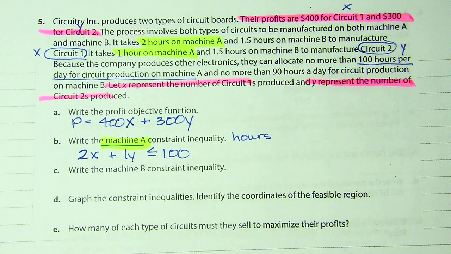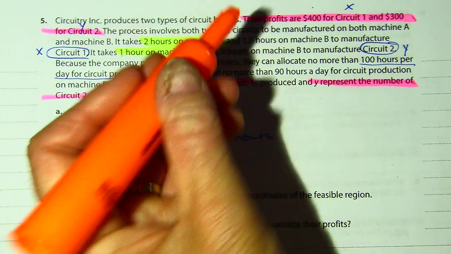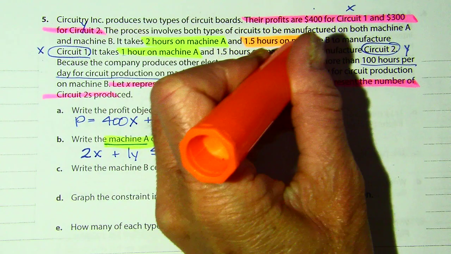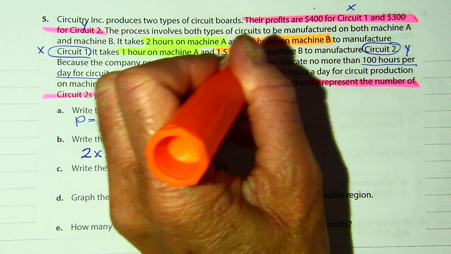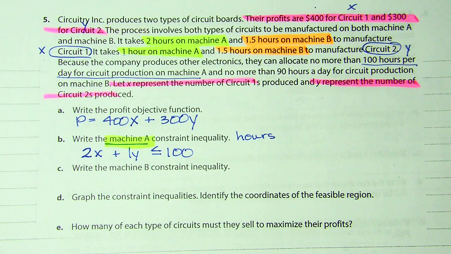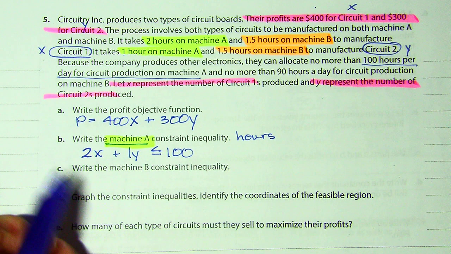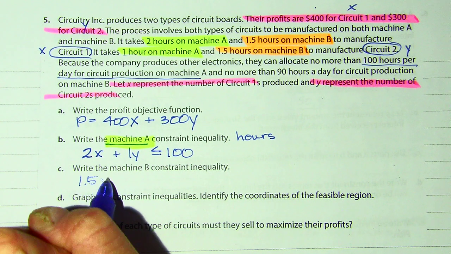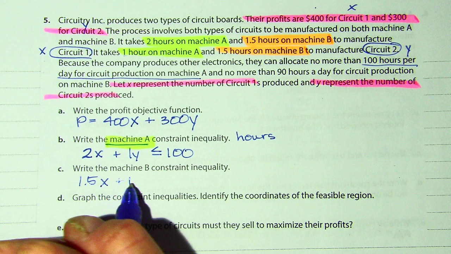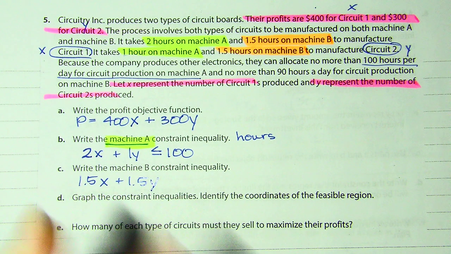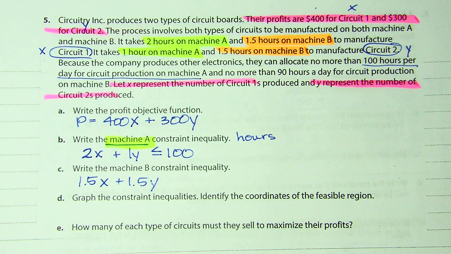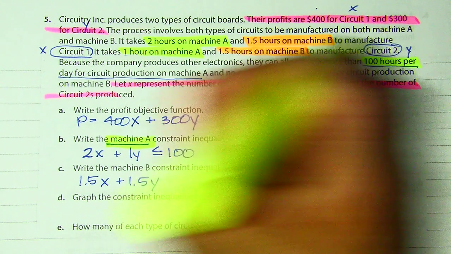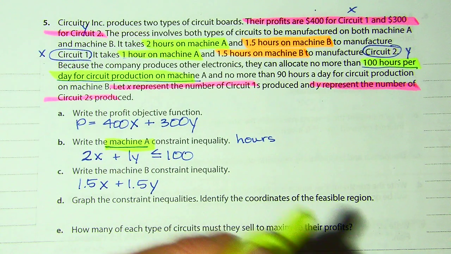Okay, now machine B. So there's 1.5 hours on machine B for circuit 1 and 1.5 hours on machine B for circuit 2. So this equation looks much simpler. 1.5 hours is required for X, plus 1.5 hours is required for Y. I should have highlighted this in yellow too because it went with the last one.